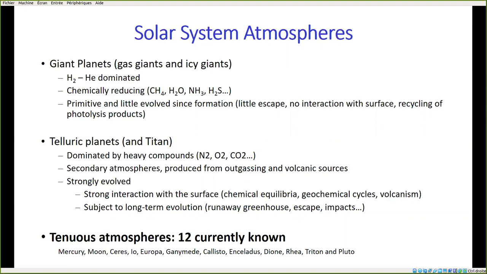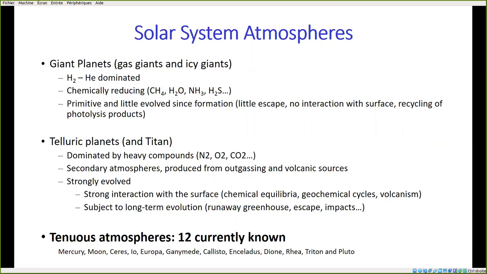And these atmospheres have been subject to long-term evolution, including a variety of processes like runaway greenhouse, escape, or impacts by comets or asteroids. And the same is probably true for Titan's thick nitrogen atmosphere, which also falls in this category of secondary atmospheres.